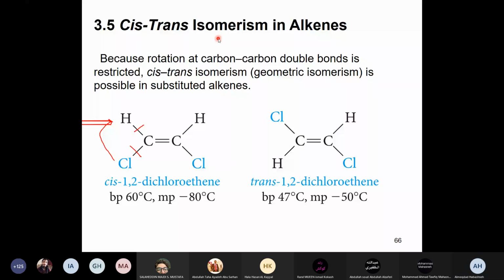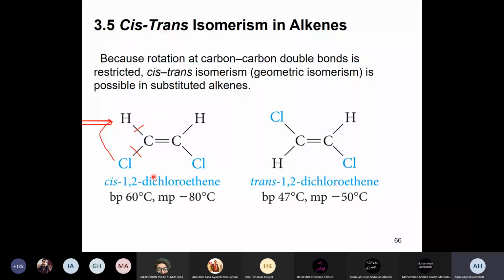Configurational إيش؟ cis-trans. And this can be understood. Why? Because the double bond never rotates. So what is up is up, what is down is down.